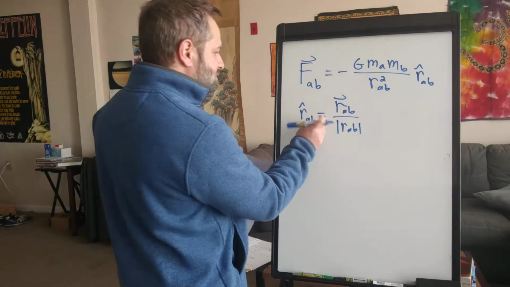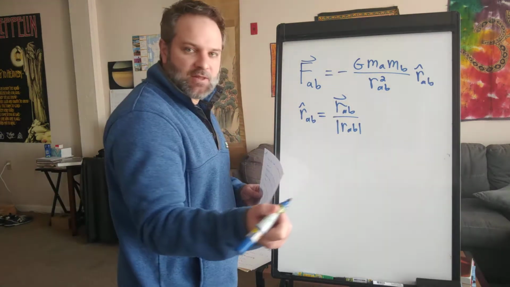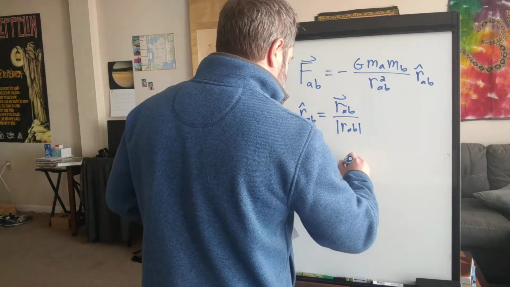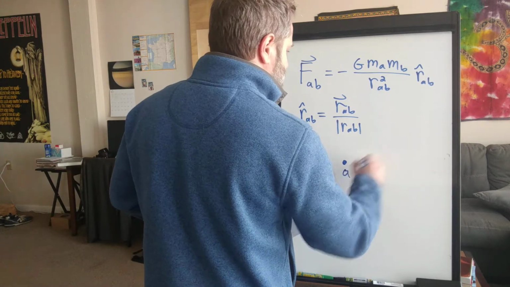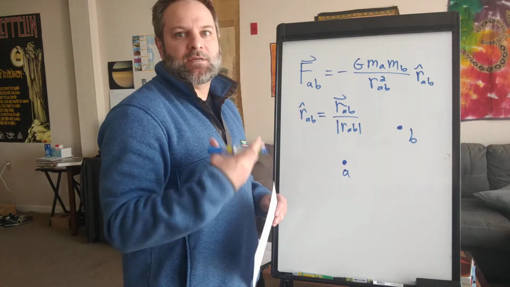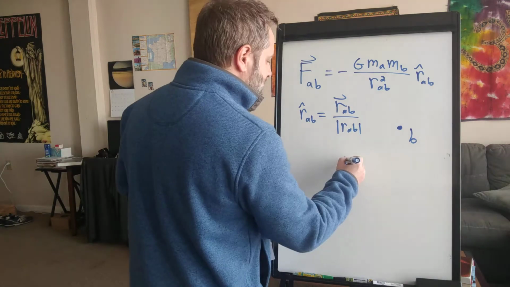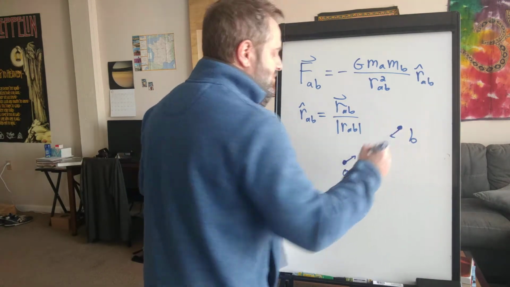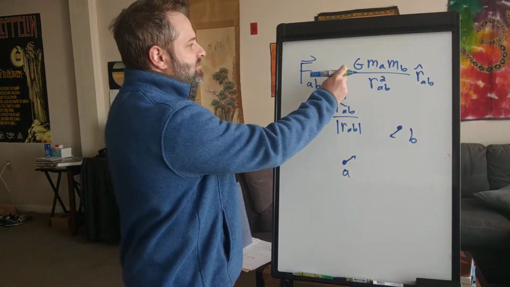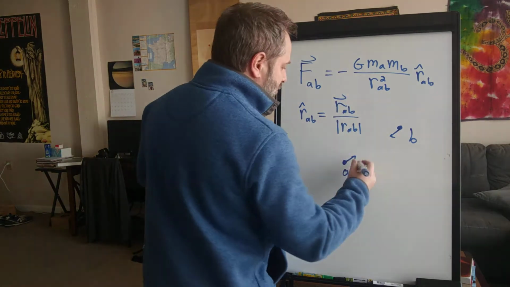It can get kind of confusing thinking about this negative sign and this AB and which order they go in, but there's an easy way to think about it, right? If I have an object A and object B, which are large enough that we can notice their gravitational attraction to one another, well, I know that the force of gravity is always going to be pointing towards the other object. So this negative sign is just telling you it's pointing in the opposite direction of the vector that points between those two objects.